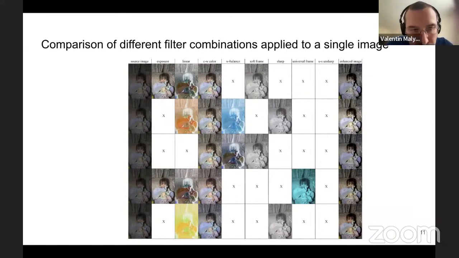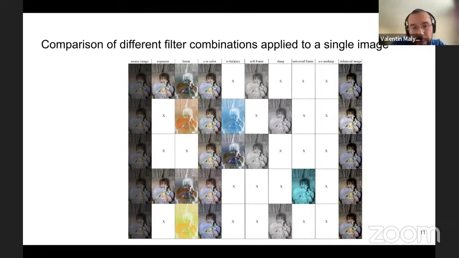So we have an image of a girl, and on this image some transformations have been applied: exposure, white balance, sharpen, and so on. And there are different combinations of them, which lead us to different enhanced images.